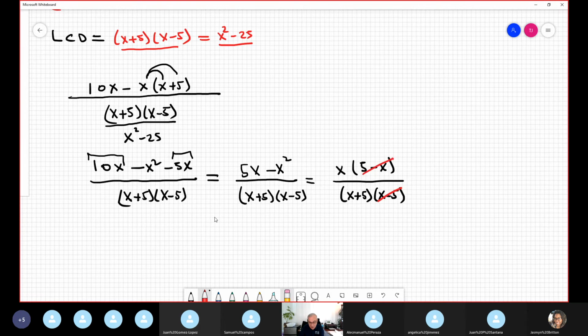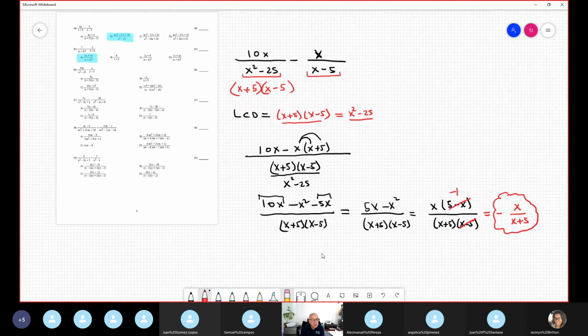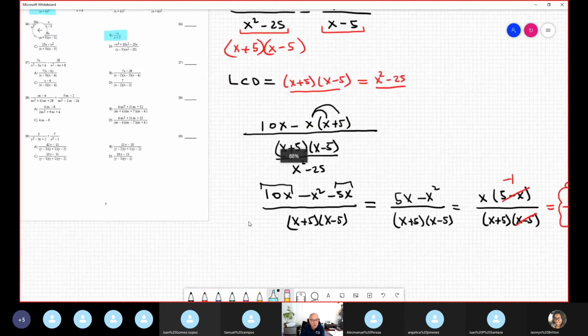Not twin, family. A family is negative, extra negative 1. The answer is negative x over x plus 5. I guess so. Let me check it just in case. Okay. Yes, that's the answer. Look, B. The answer is B. Do you see that?